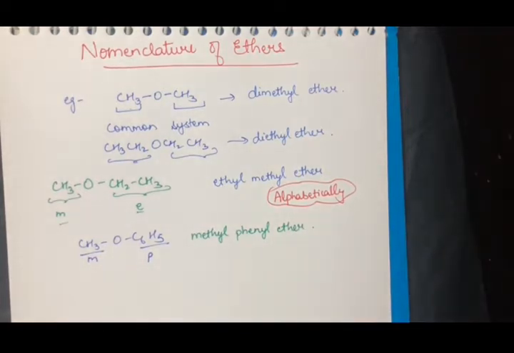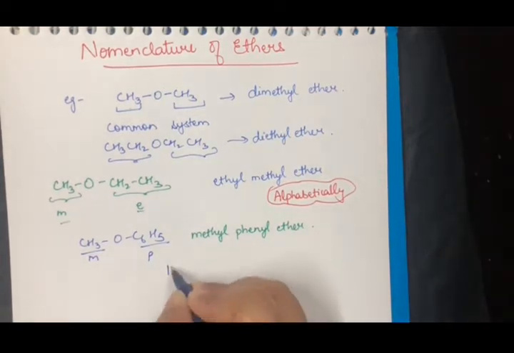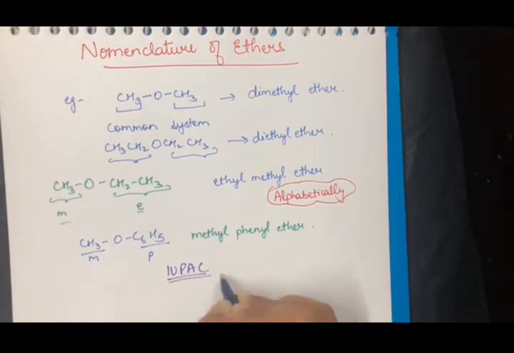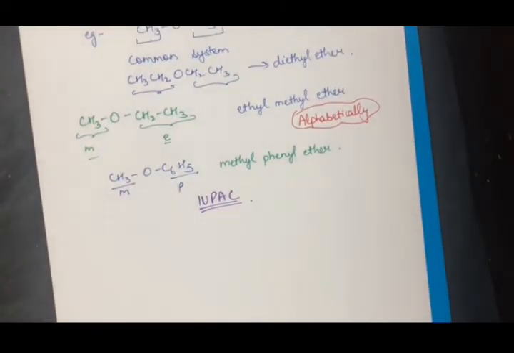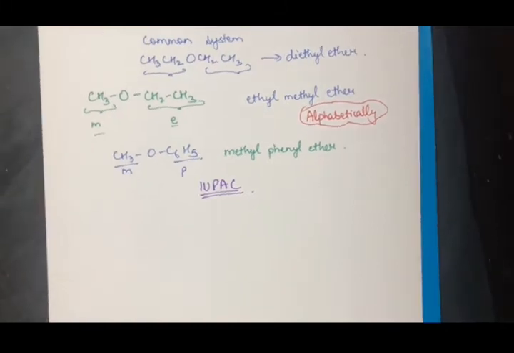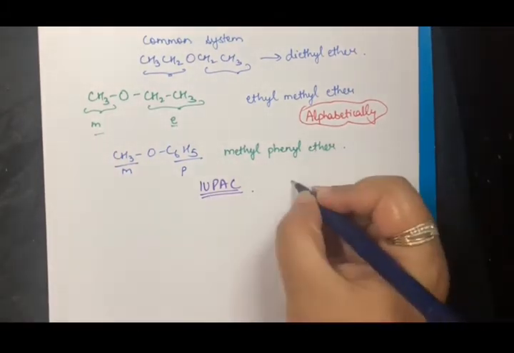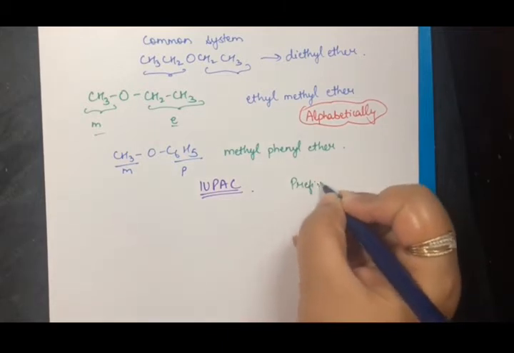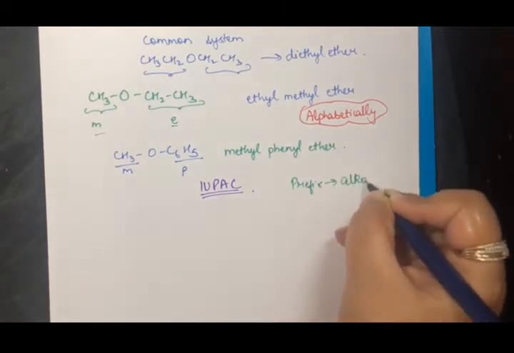Now let's talk about the more important thing about the naming of ethers, that is IUPAC. How do we decide, and what are the basic rules that we need to follow? If I'm talking about any ether, the prefix for ether is alkoxy.